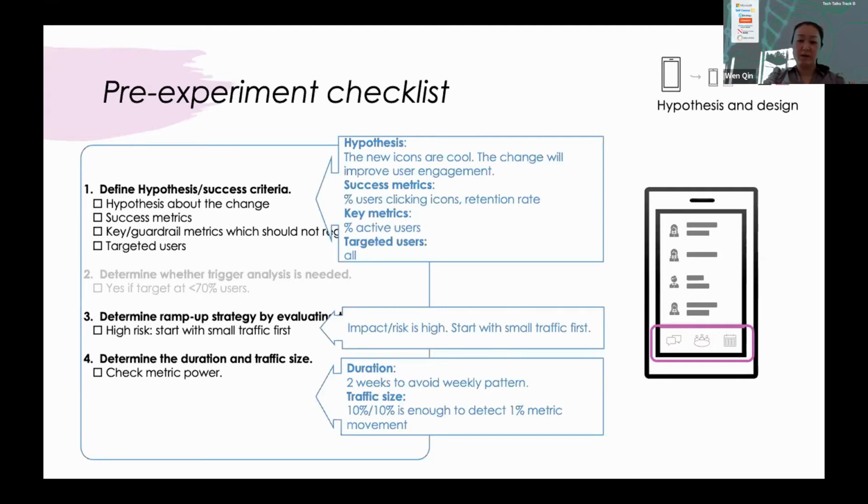That meets your expectation, so you're good to go with this traffic size. After having all this, the last step is to implement all the needed metrics in your scorecard and make sure they are available, so you can review them after you collect all the results and make the decision later. So with all this, you're good to start your experiment.